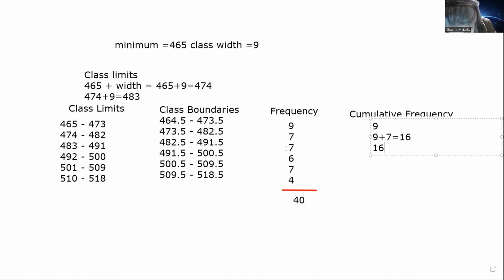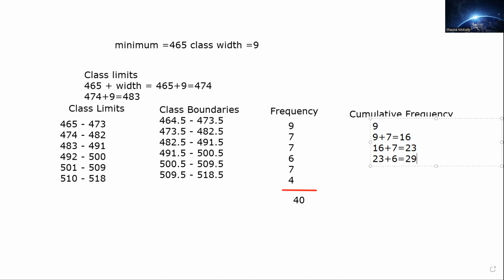That's 23. Then you take 23, you add 6 to that. You get 29.